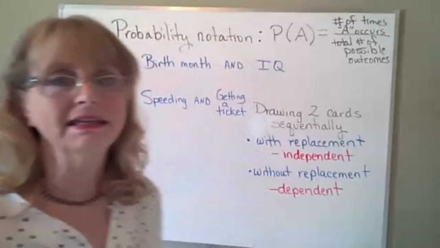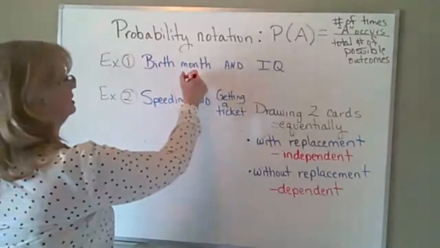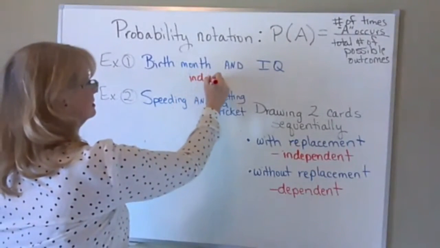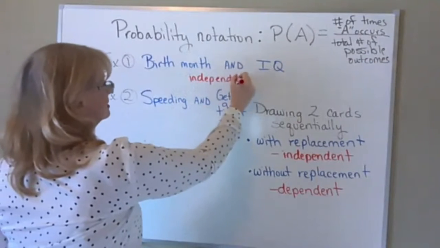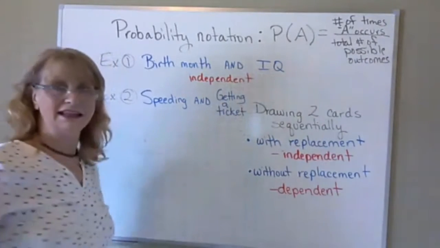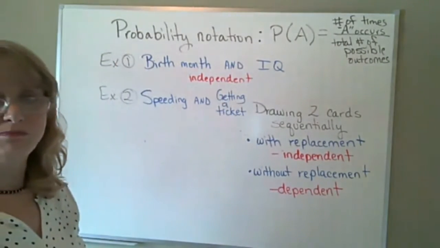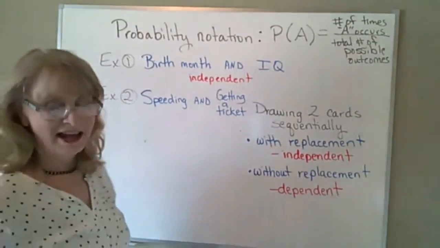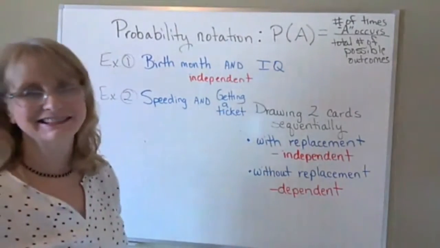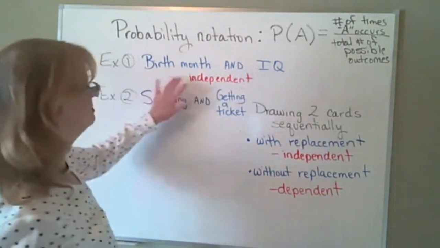So Ricky is saying independent. Right, those are independent. We might like to think that because we're born in a certain month, we're automatically going to have a higher IQ, but that's not the case. All right, so those are independent events.